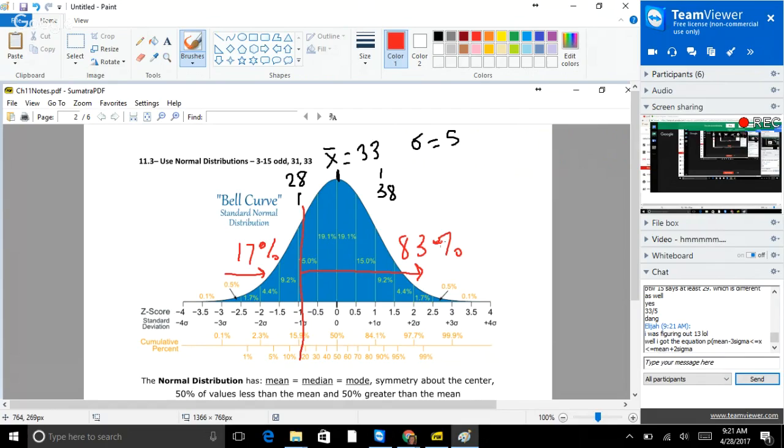So we have to keep going out here on this curve, right? So 2 sigmas, if I can get my paintbrush to work, would be at 43, right? And down here, 28, 2 sigmas would be at 23.